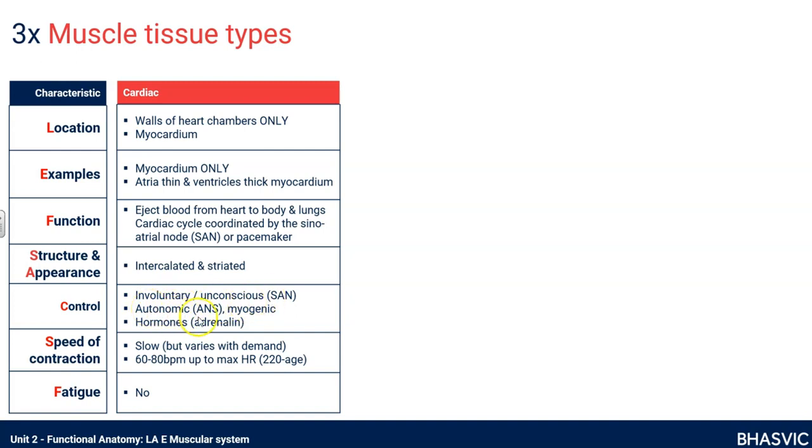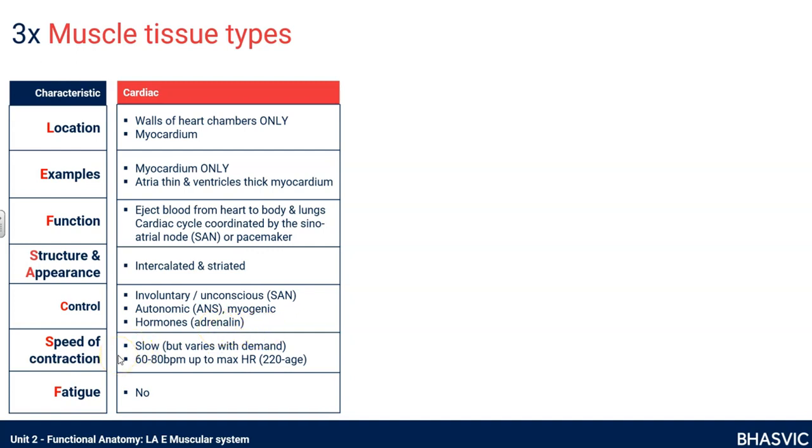But there is a special type of nervous system called the autonomic nervous system that does that for you. Also, of course, hormones like adrenaline can influence how fast your heart beats. If you're nervous to play a football match or a netball match, or excited about some kind of competition, and your heart is racing, that's most likely adrenaline getting you ready for it.